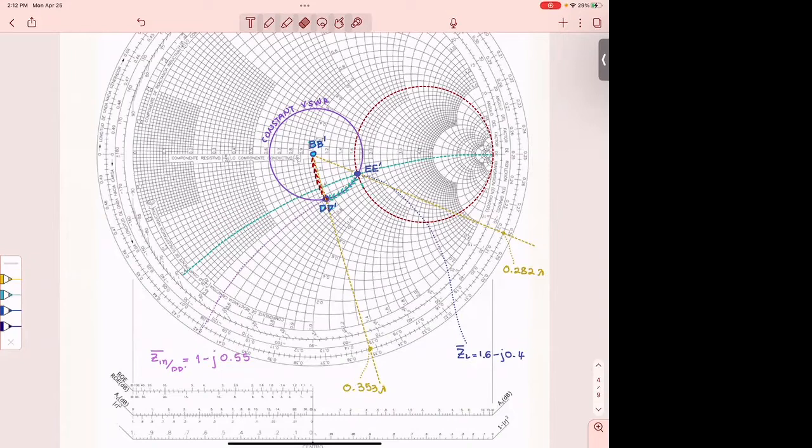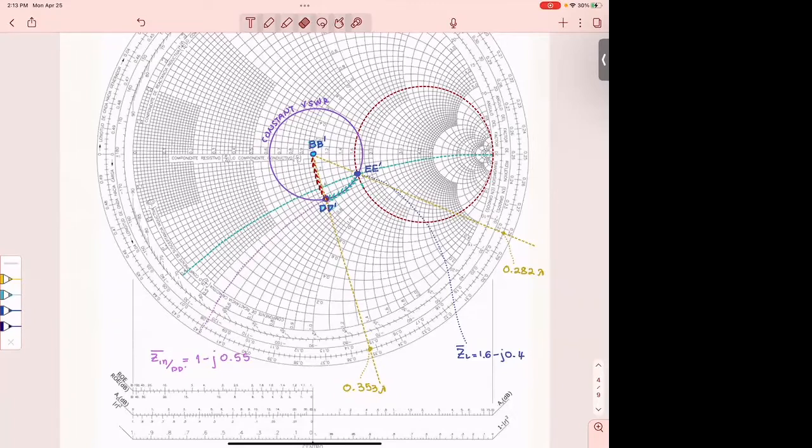Which means I move from 0.282 lambda to 0.353 lambda. The numbers by themselves have no meaning, but what has meaning is the difference between these 2. Right here, I am at my load, and as I move from here, that is how much distance I take to go from one point to another.